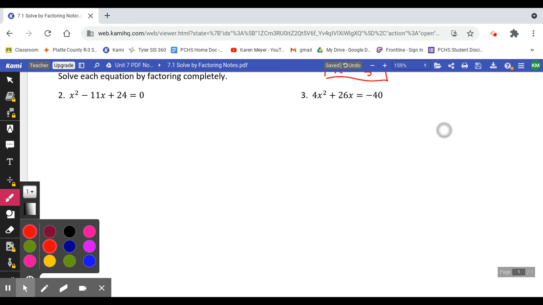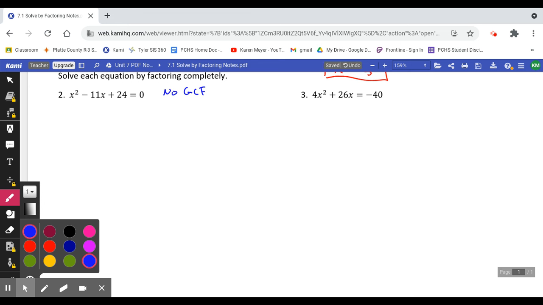Okay, so now let's see what we remember from our last unit. Okay, first thing you want to do is all terms on the same side. On number 2, yes, because it equals 0. So as long as it always equals 0, you're good to go. Does it have a GCF? No, no GCF, so we don't have to worry about that.